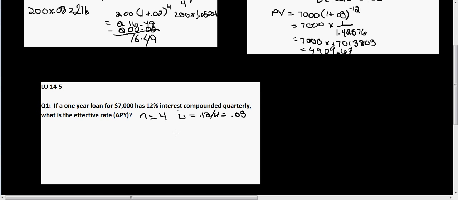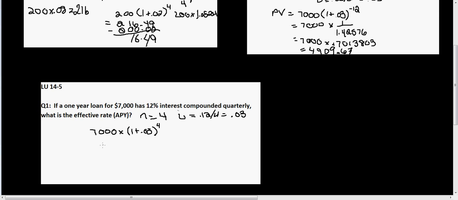Right? So let's take a look and determine how much the future value of this loan is going to be. Well, it's going to be 7,000 times 1 plus the interest rate of 0.03, and the exponent is the number of periods. In this case, that's 4.